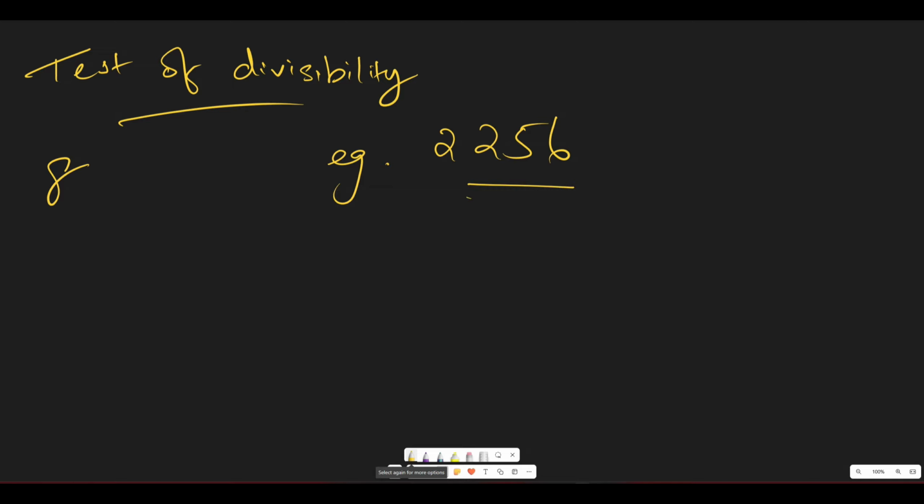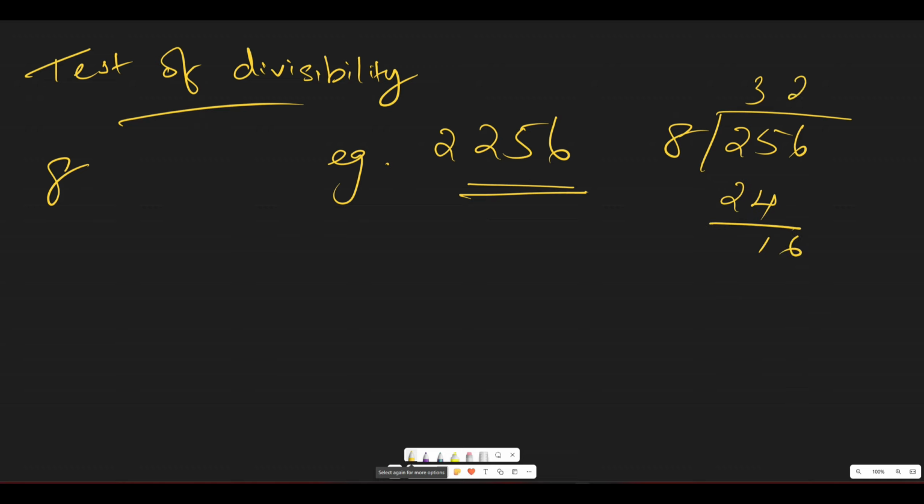See, if we take the last 3 digits, 256, and if we can divide the last 3 digits by 8, then the total number will be divisible by 8.